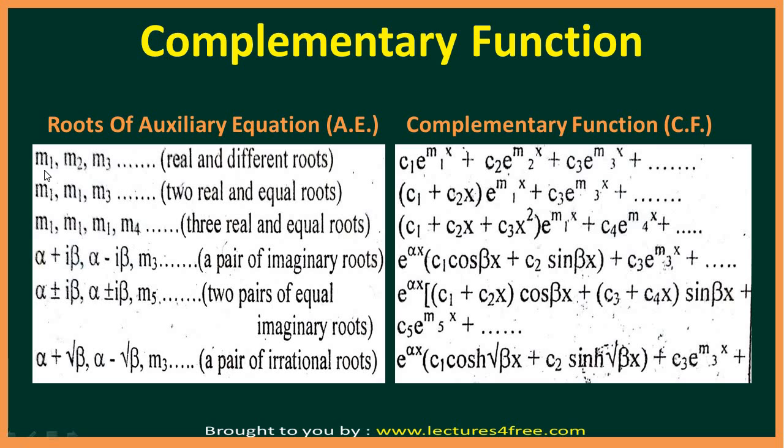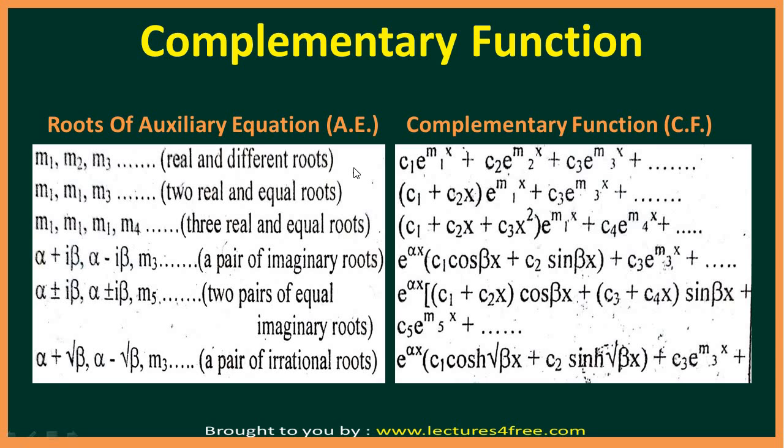So let's consider the first case. In the first case there are real and different roots. Let's suppose you got m1, m2, m3. These are some real numbers and they are all different. Means m1, m2 and m3 are different and real numbers.